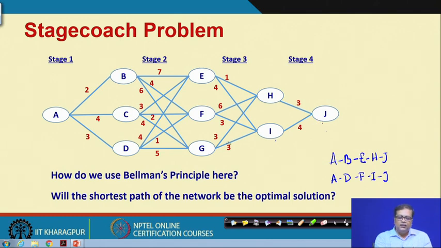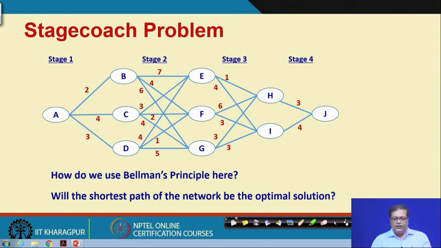You can see that G to J through I is 7 and through H is 6, right. So, therefore, for G to J the optimal path is really 6, right. So, this is how, as I said in my previous lecture, we can create a dynamic programming methodology through which we can find the optimal solution.